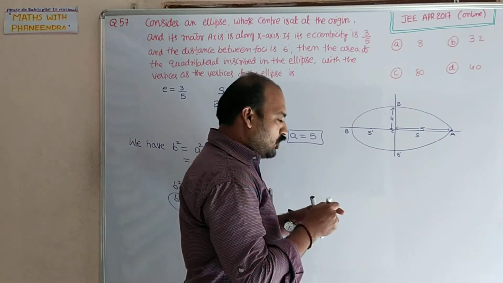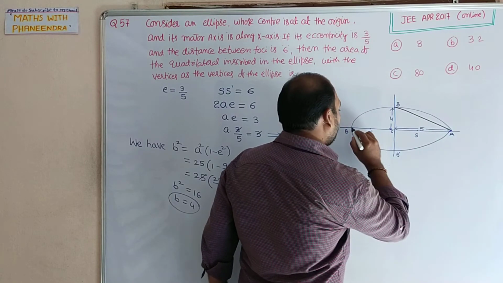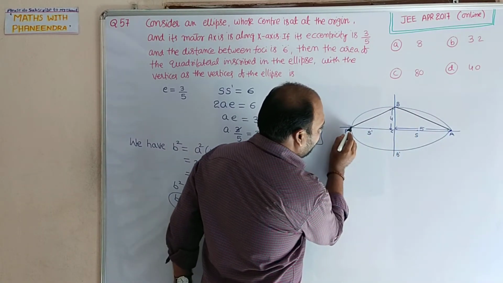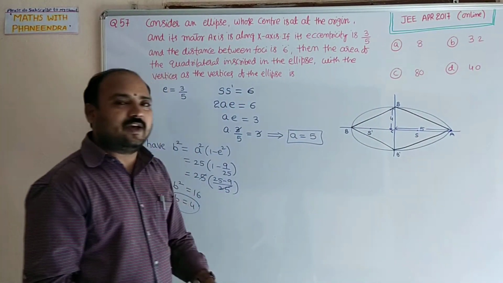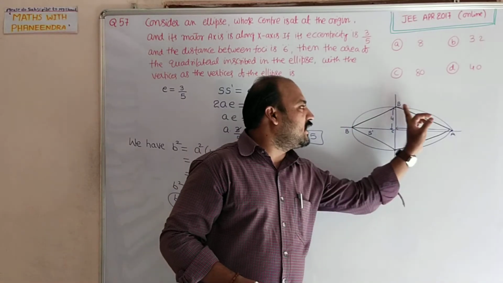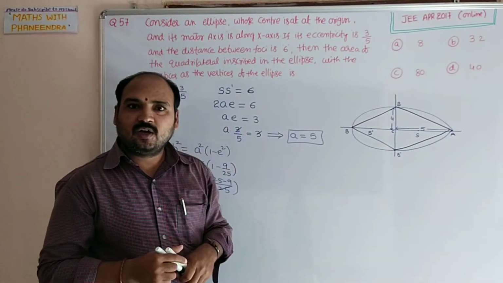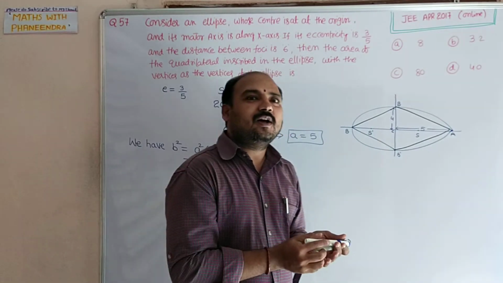See here, if we join like this, A dash, B dash is a quadrilateral whose area is required.